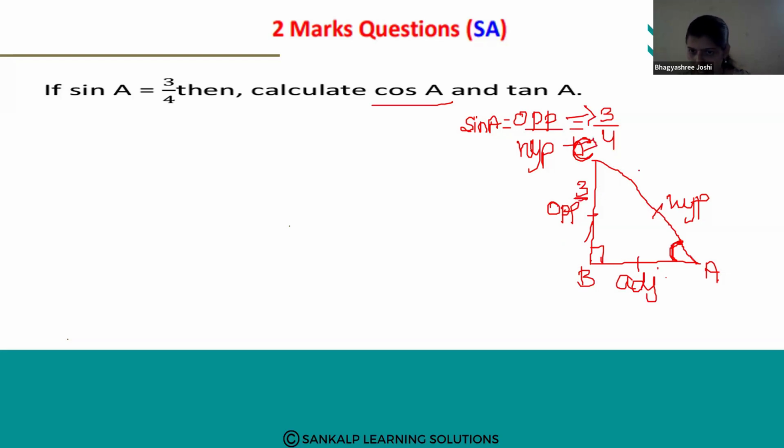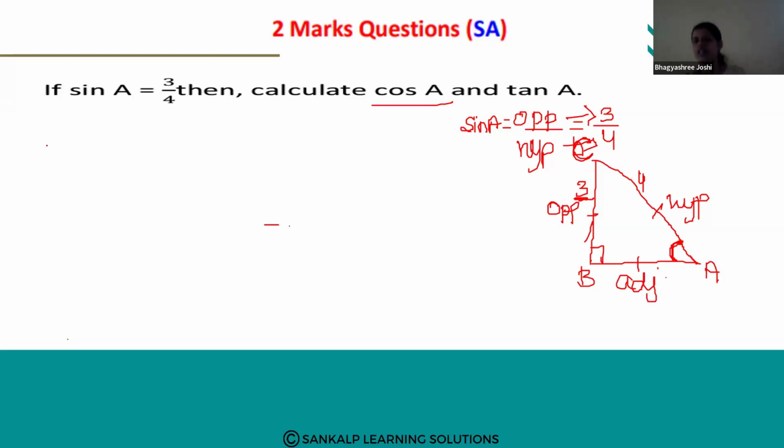So what is given in the question: sin A is equal to 3 divided by 4, then find cos A and tan A. So first we draw one right angle triangle. In that the opposite side is BC and hypotenuse is AC. So opposite side value is 3 and hypotenuse value is 4.